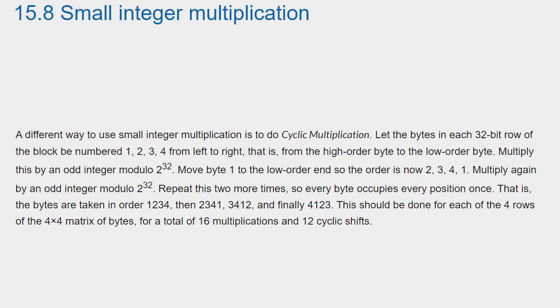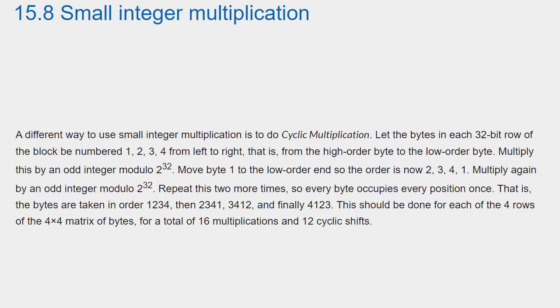Move byte 1 to the low-order end, so the order is now 2, 3, 4, 1. Multiply again by an odd integer modulo 2 to the power 32. Repeat this 2 or more times, so every byte occupies every position once. That is, the bytes are taken in order 1, 2, 3, 4, then 2, 3, 4, 1, 3, 4, 1, 2, and finally 4, 1, 2, 3.